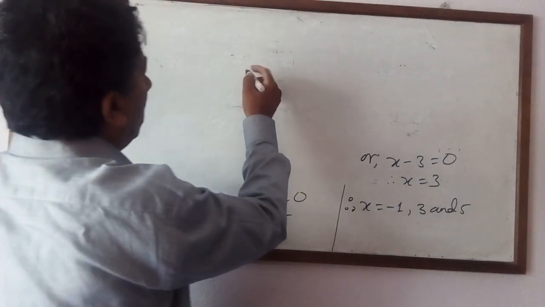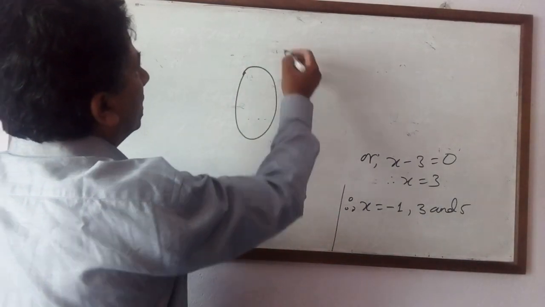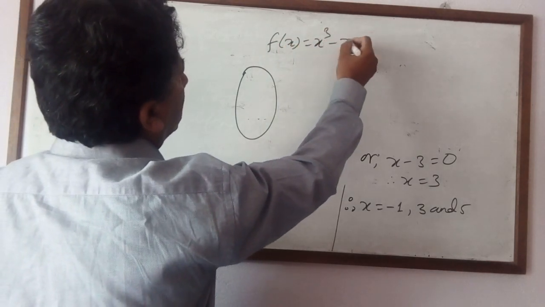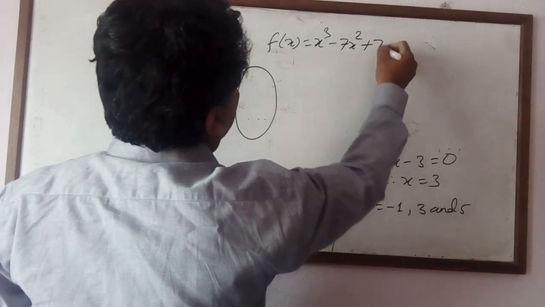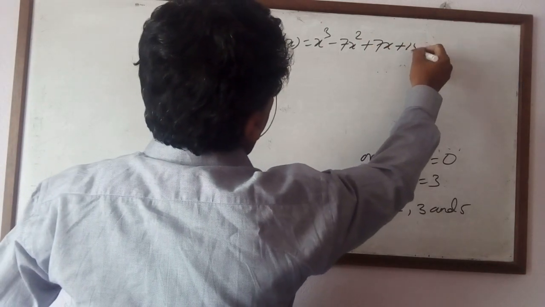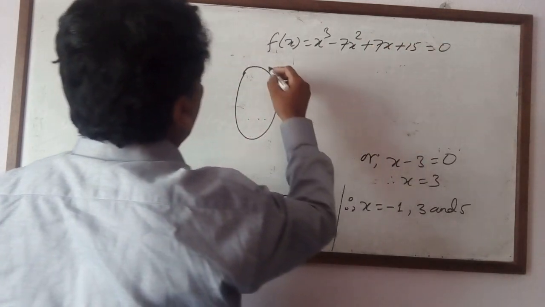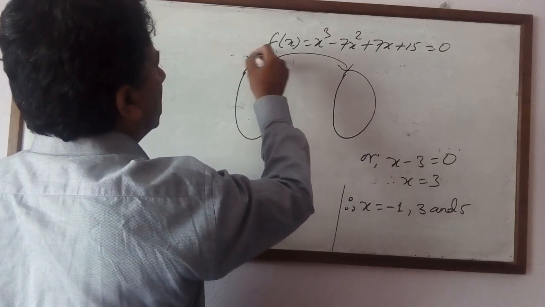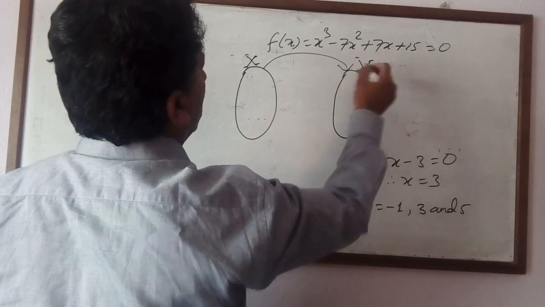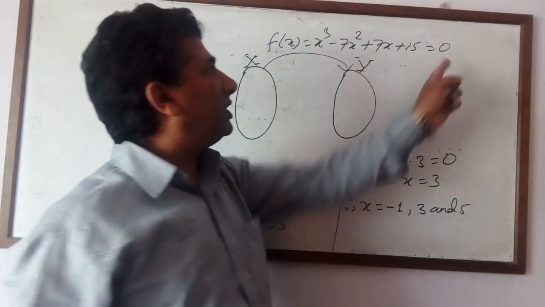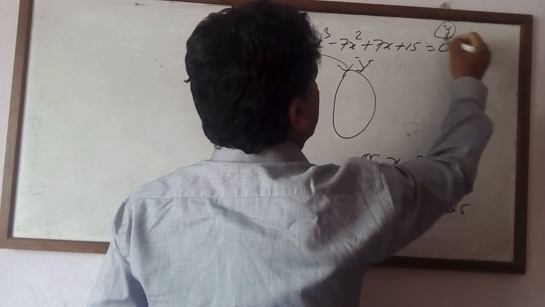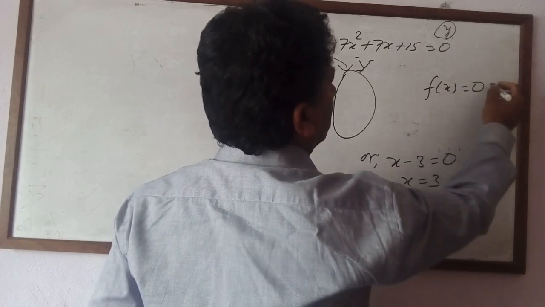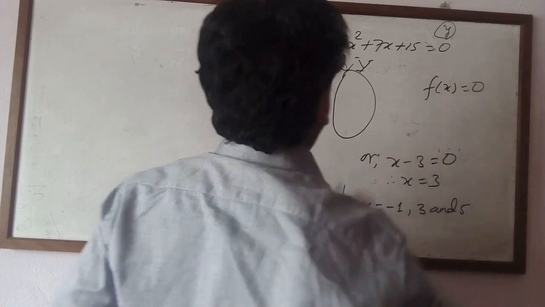What we did now, our function f(x) was x cube minus 7x square plus 7x plus 15 equals 0. Let's set x, set y. Now this is our function. This 0 means this one is image y. Remember that f(x) equals 0 means in place of y there is 0.